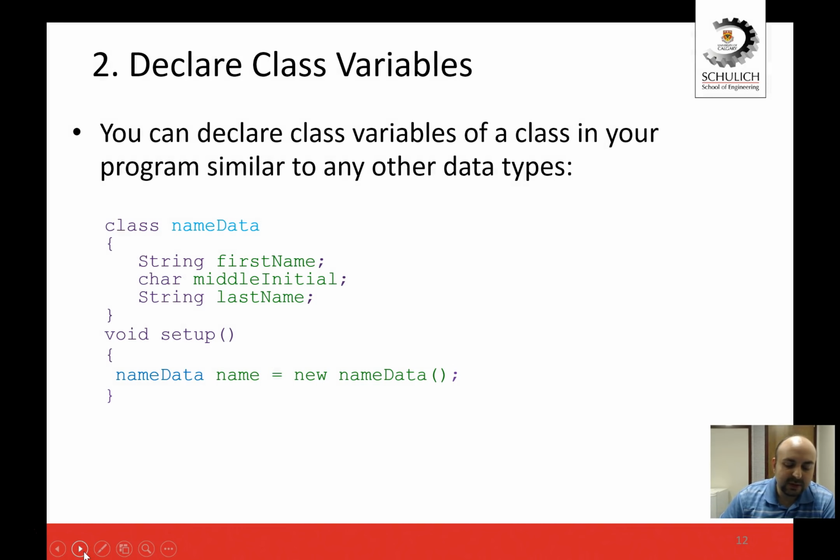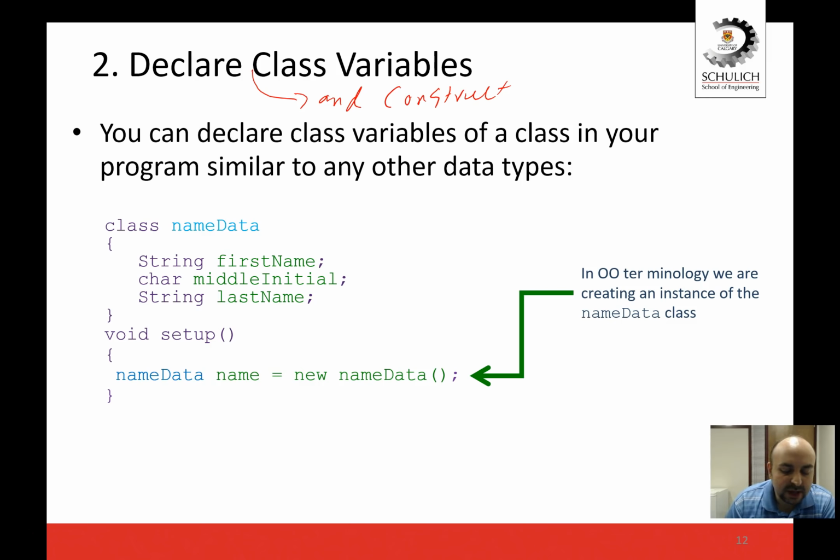Step 2 is to declare class variables, and actually this is to declare and construct. So I'm actually going to add this to my slides. To declare and construct class variables. So inside of setup, this is going to be a local variable to setup, or we could define it as a global if we want it to be used by draw.